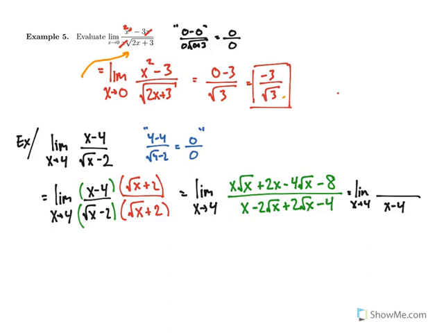And here we might think, and if you actually bring everything up on the top, you would still get 0 over 0. And there's an issue there. But maybe at this point we can see that we actually had an x minus 4 on the top to begin with, and an x minus 4 on the bottom as well. And maybe it would have been better to not simplify the top, or don't expand the top.